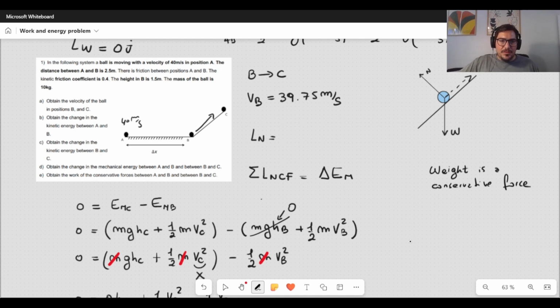Then, due to friction, part of this kinetic energy is lost, perhaps because it is transformed into heat, sound. And now, in B, the velocity of the ball is 39.75 meters per second. Okay?